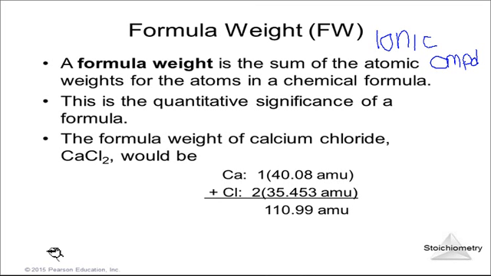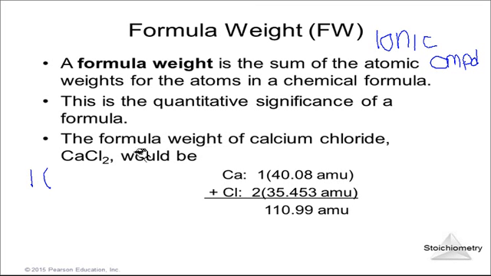So in this example, I have calcium chloride. The way that I would find the formula weight of calcium chloride is I look at how many moles of each element I have, and I multiply that stoichiometric coefficient. So in the case of calcium, that's 1. And I multiply that by the formula weight for each individual atom.